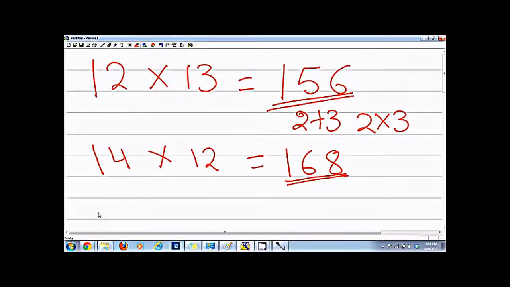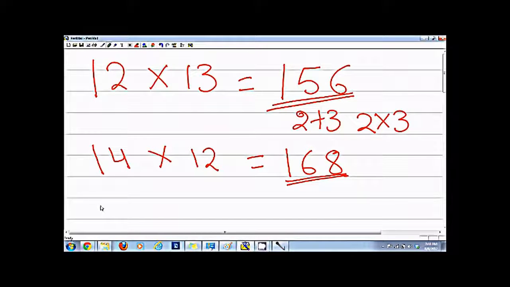Now there is one problem: if we multiply the digits and the result is not a single digit but a two-digit number, then we have to look at a trick.